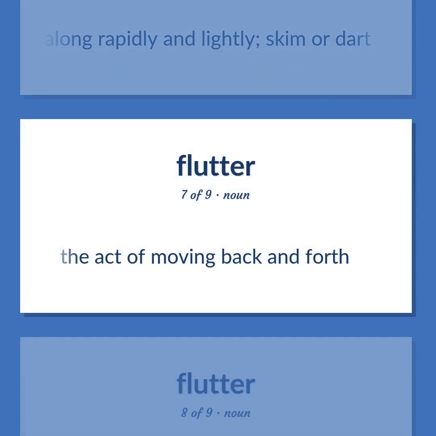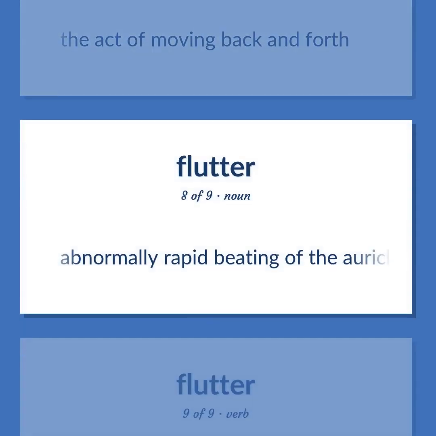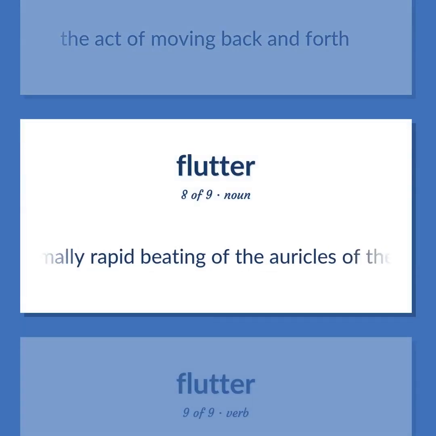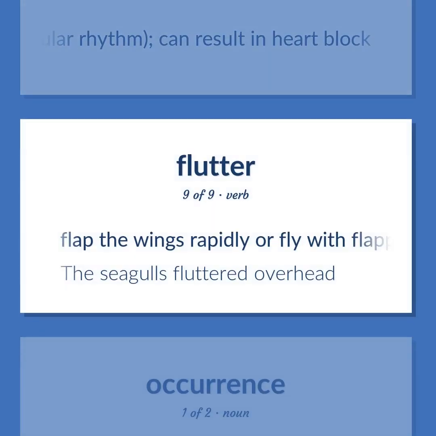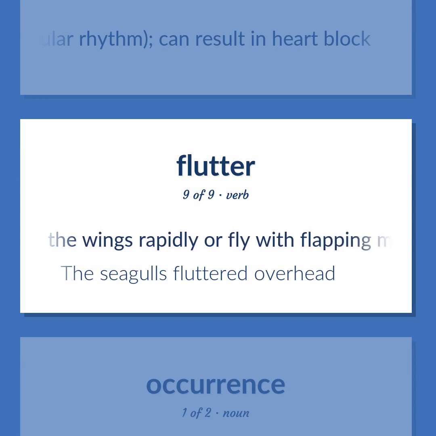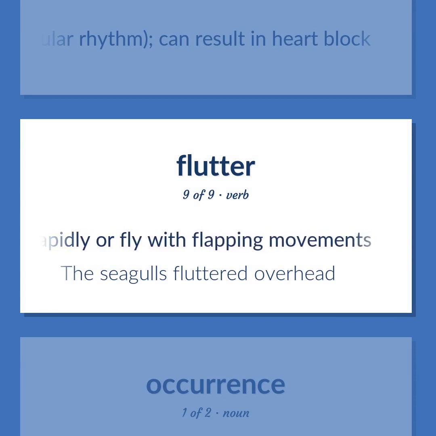The act of moving back and forth. Abnormally rapid beating of the auricles of the heart, especially in irregular rhythm, can result in heart block. Flap the wings rapidly or fly with flapping movements. The seagulls fluttered overhead.